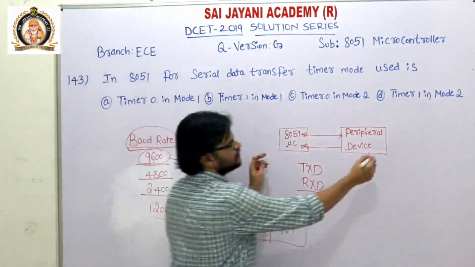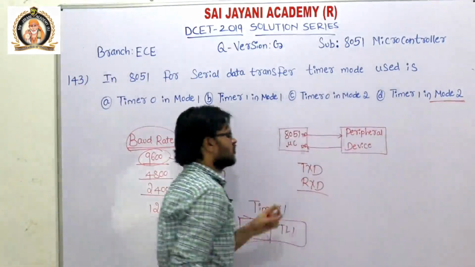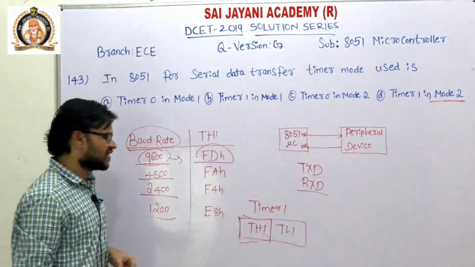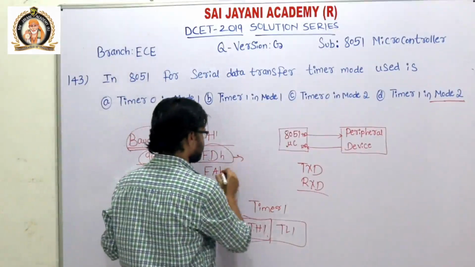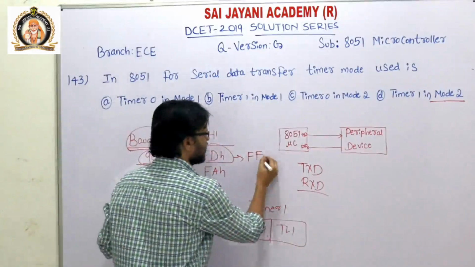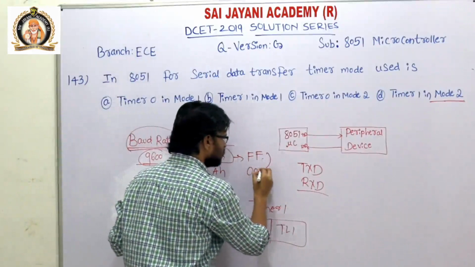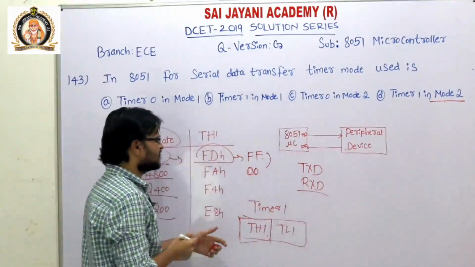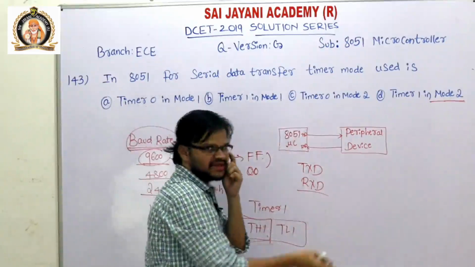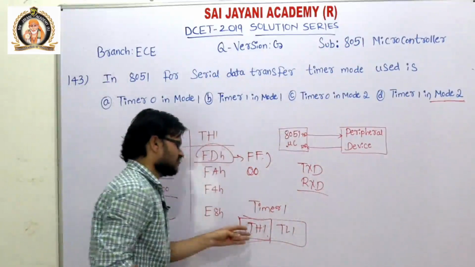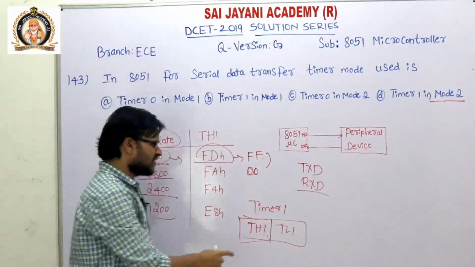That is mode 2. Mode 2 represents the 8-bit auto reload timer. That means when the values reach FFH and roll over to 00H, these values are again used in TH1, the higher byte of timer 1.